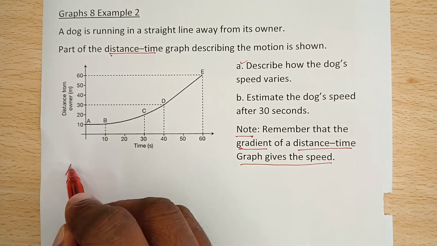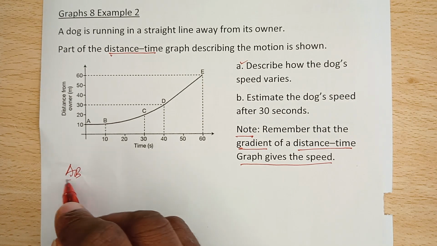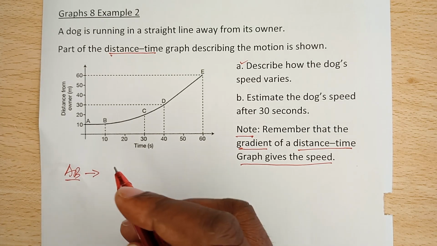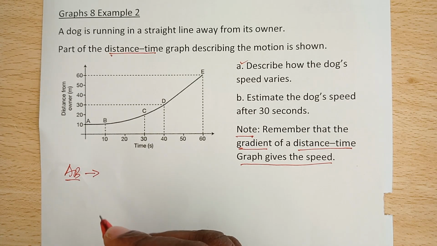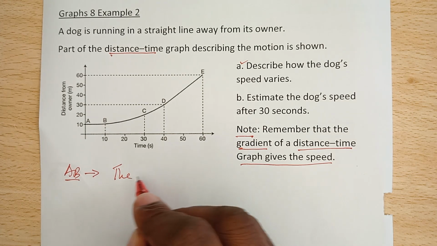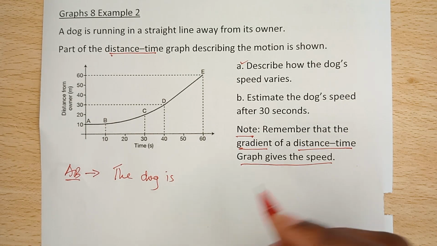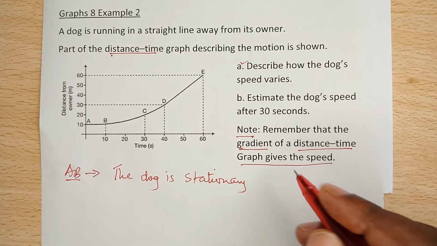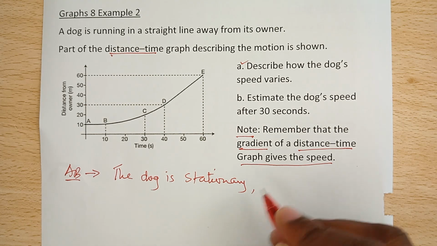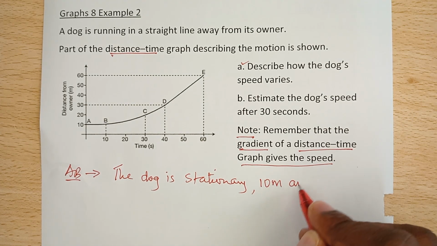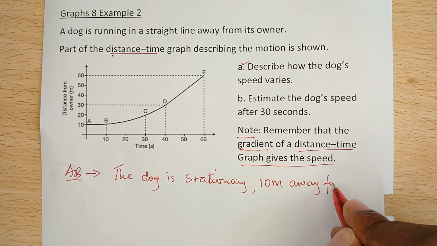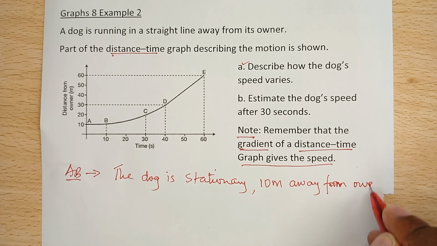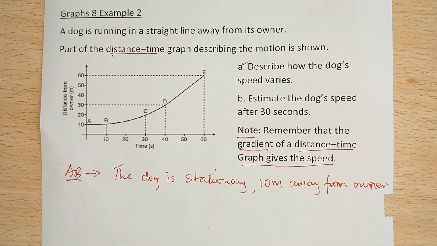So from A to B, the dog is stationary. It is not moving.